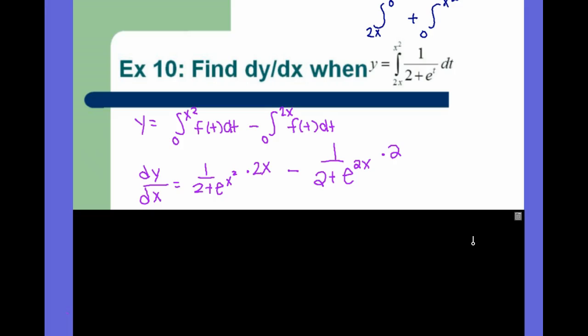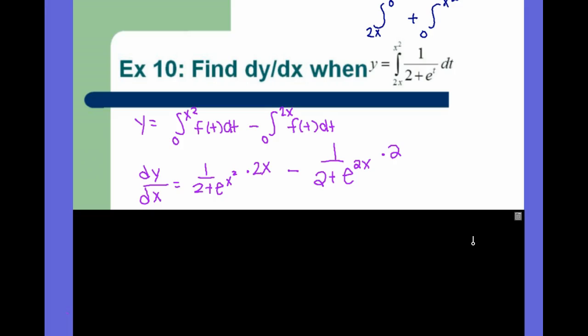Well, the derivative of x squared is 2x. The derivative of 2x is 2. So those derivatives aren't zeroing out or becoming a linear function, or number 1. They're becoming functions themselves. So the derivative of the bounds is affecting the whole answer.